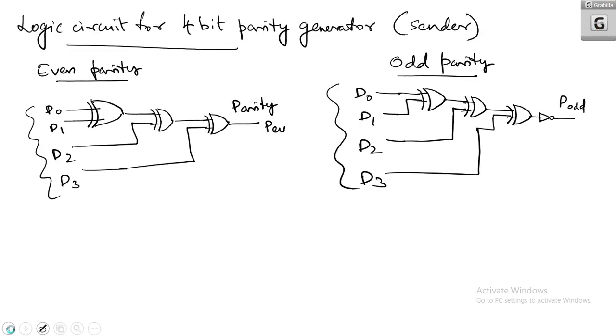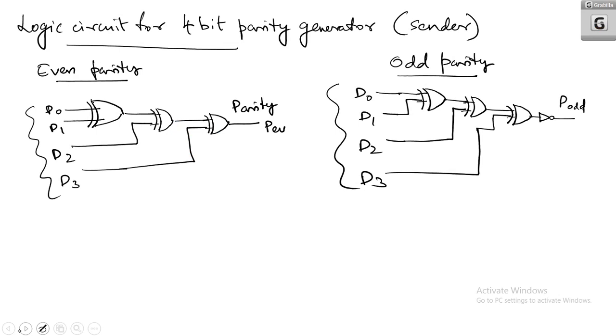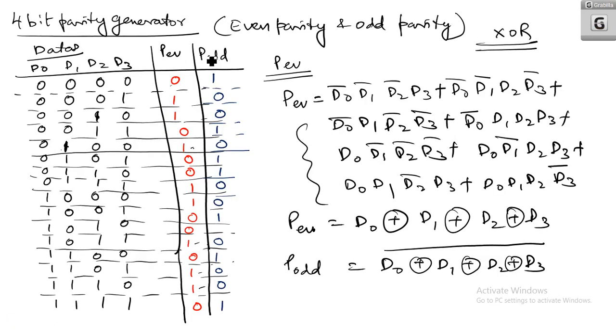So how will you check is, if even parity is coming in and I am XORing it, I will do it in another track. If this parity bit becomes 1, then only you can say that it is even parity, right?